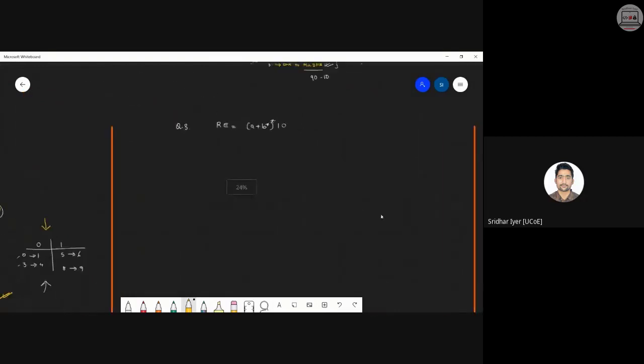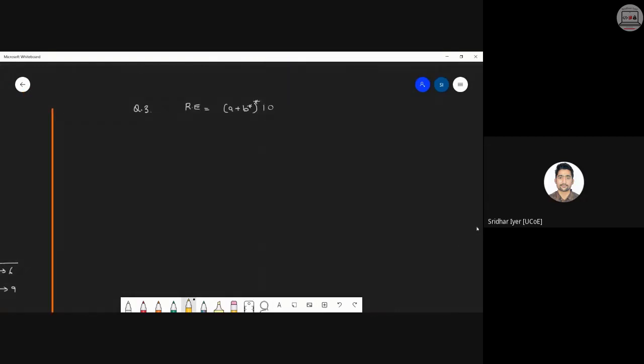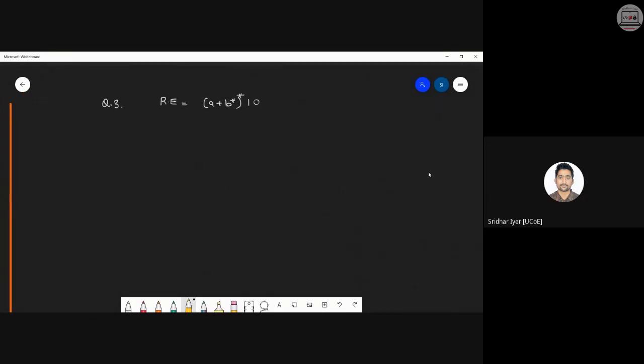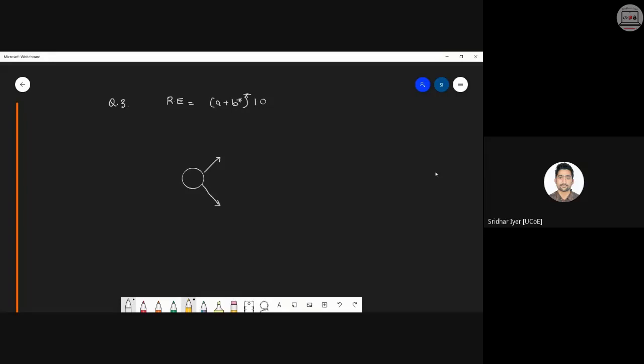Construct this question diagram for it. A plus B closure, whole closure, 1, 0. Again, it's quite similar, but it is A plus B closure.